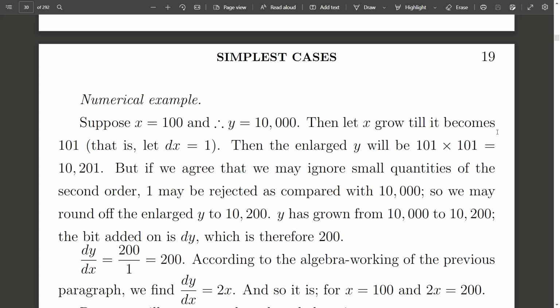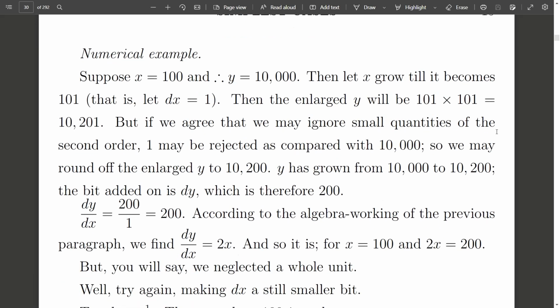But if we agree that we may ignore small quantities of the second order, 1 may be rejected as compared with 10,000. So, we may round off the enlarged y to 10,200. y has grown from 10,000 to 10,200. The bit added on is dy, which is therefore 200. dy by dx is equal to 200 over 1, which is equal to 200.